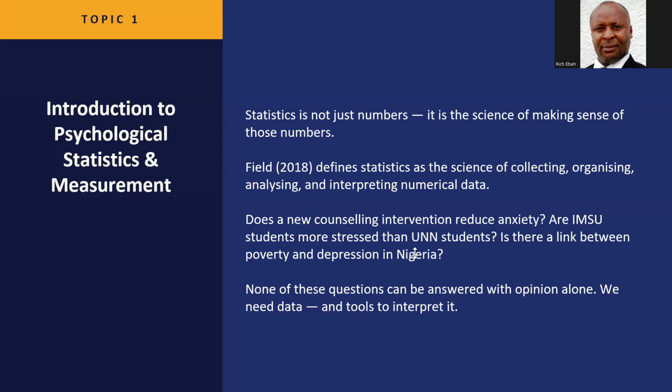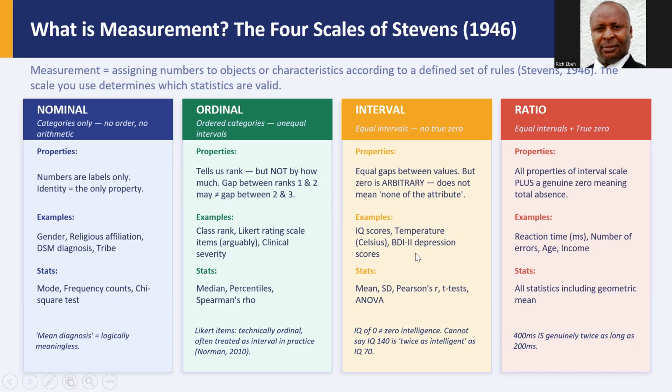The fourth scale of measurement is the ratio scale. The ratio scale is the most powerful scale of measurement. This is because it has equal intervals and also a true 0 point. 0 means the complete absence of whatever is being measured.